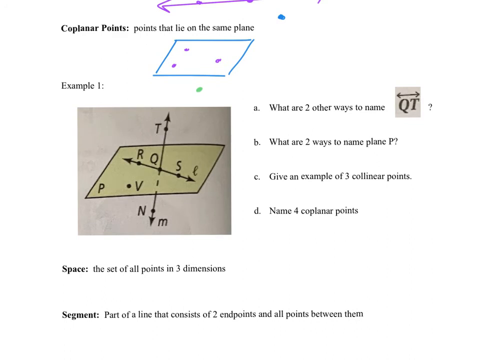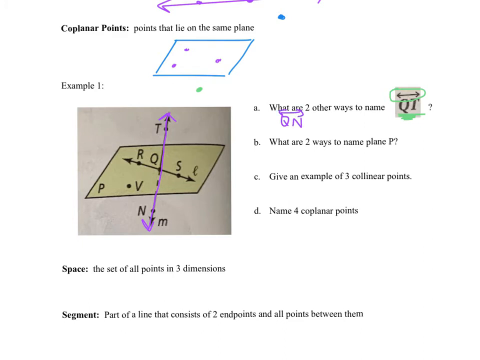So this first example says, what are 2 other ways to name line QT? Remember when these arrows are over top, we say that's a line because it keeps going. So line QT, that's this one right here. Another way that you could name that would be line QN.